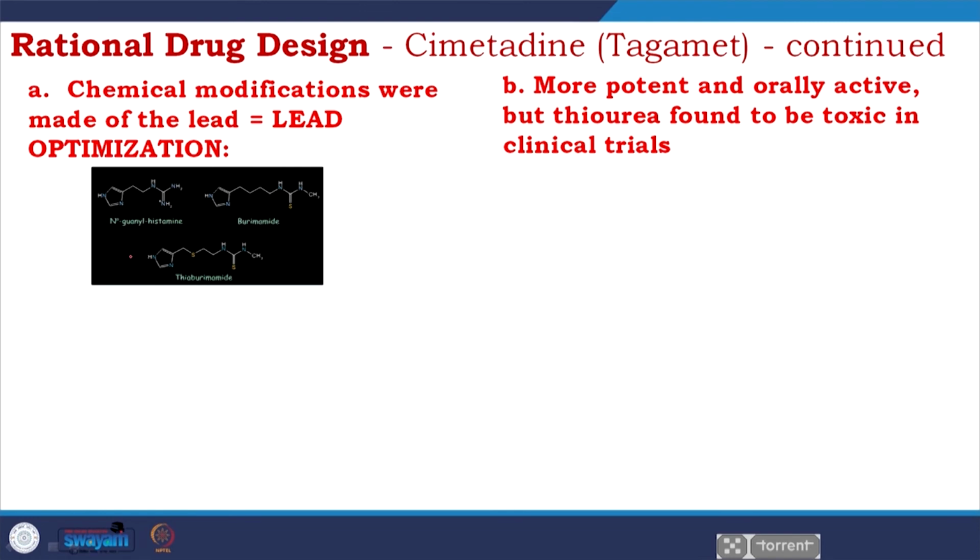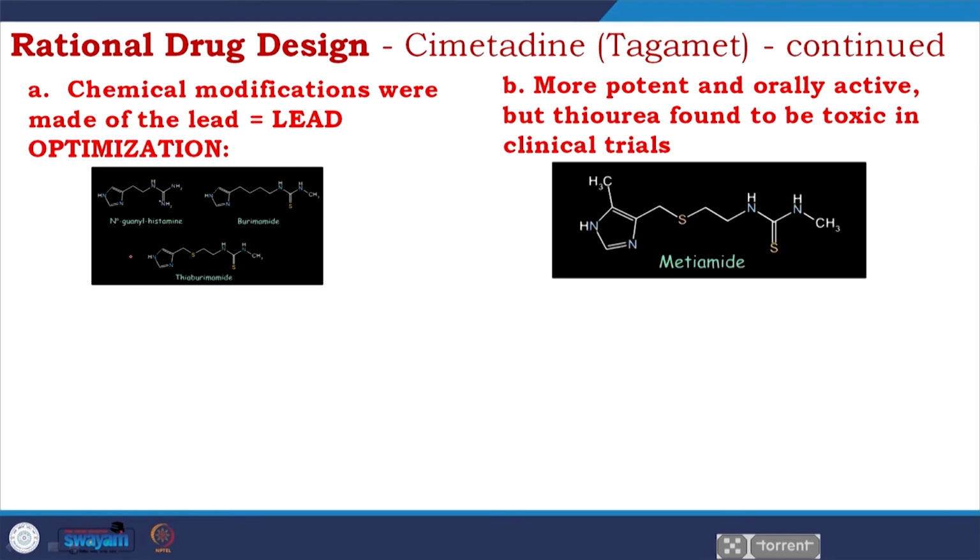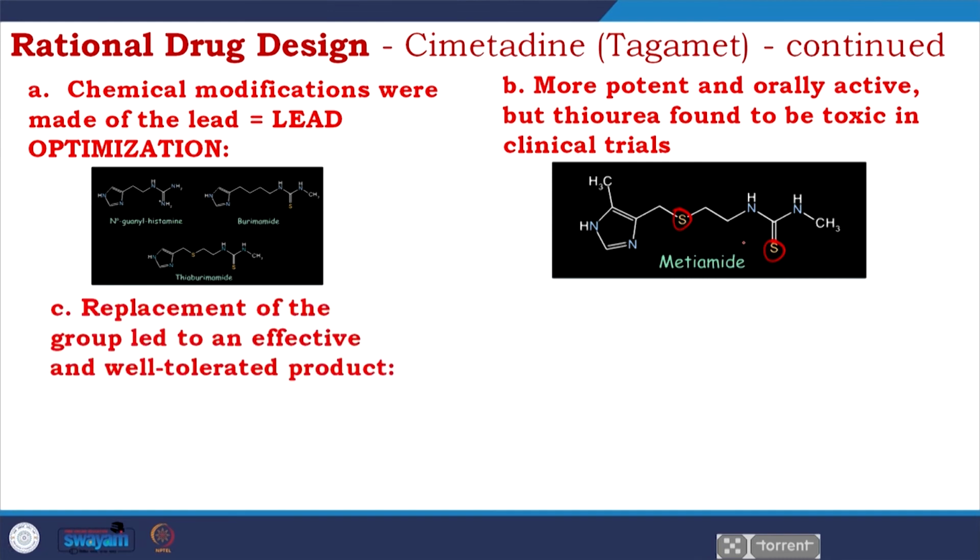It was found toxic. Like metiamide, these have better effect than the non-sulfur analogues, but if you see, there are sulfurs and people are commonly allergic to sulfur. So, that is the problem.